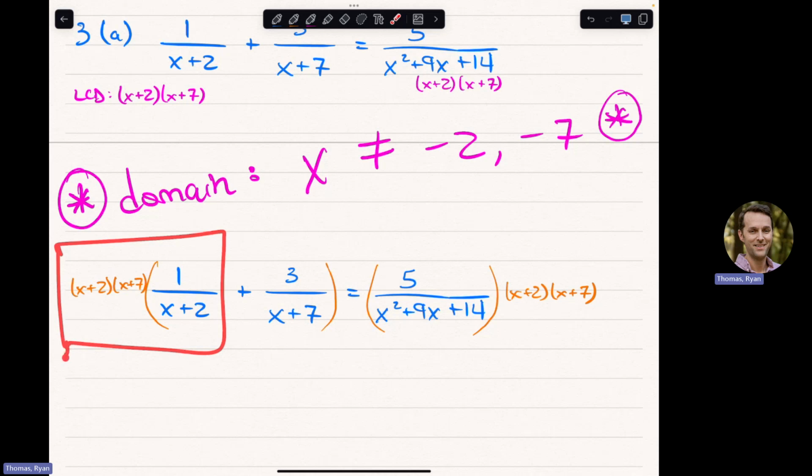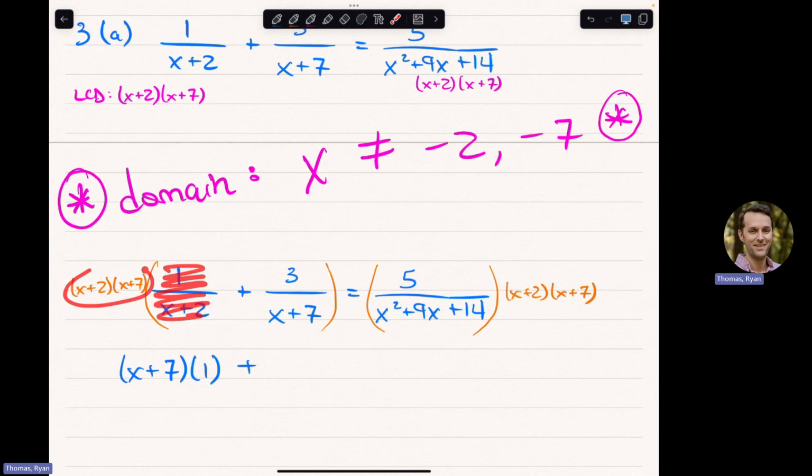But first things first, x plus 2 times x plus 7 divided by x plus 2 really is what's going on. What happens? x plus 2 cancels. What are we left with then? x plus 7, right? Whatever part of the LCD didn't cancel, didn't reduce out. So x plus 7 and 1, because that was the numerator of that term. So x plus 7 times 1.